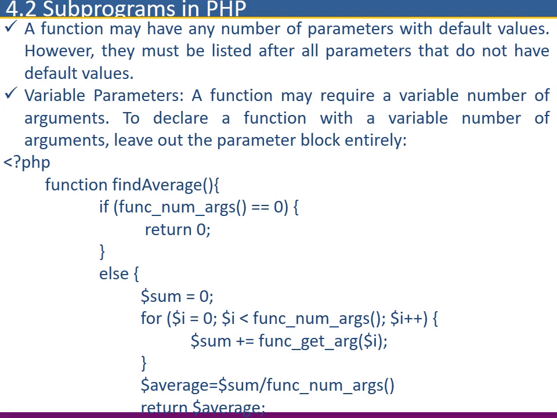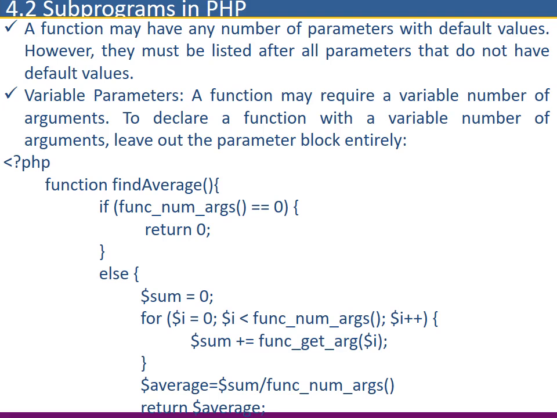Here, if no arguments are passed, we return 0. This func_num_args is a built-in function in PHP, and PHP allows this built-in function to count how many arguments were passed. And here, because no argument is passed, it will return 0.